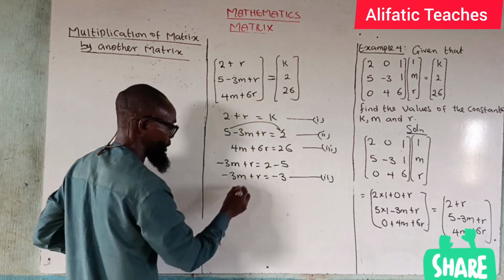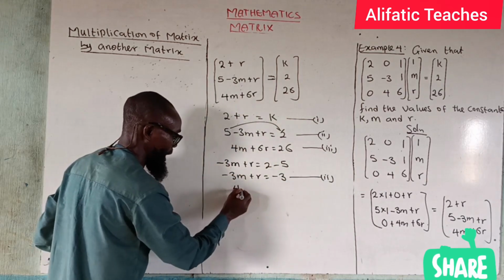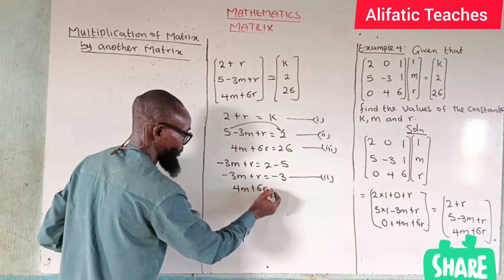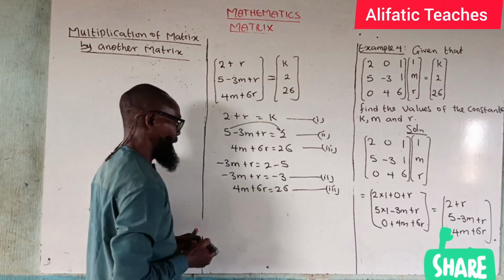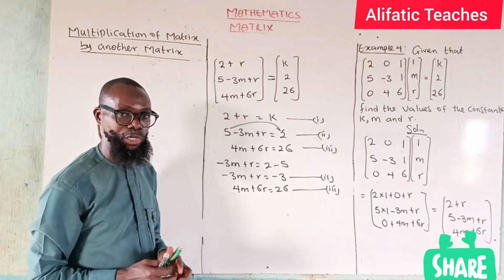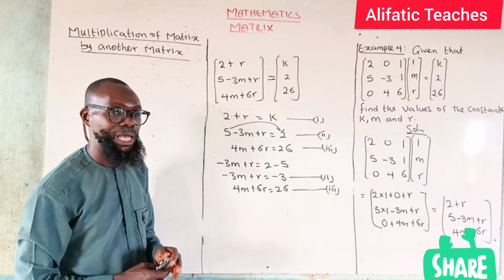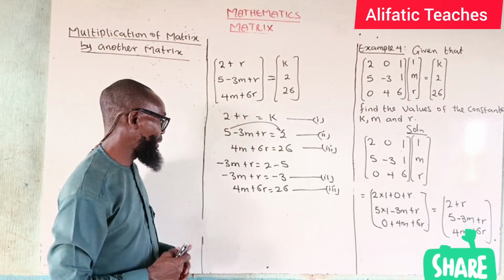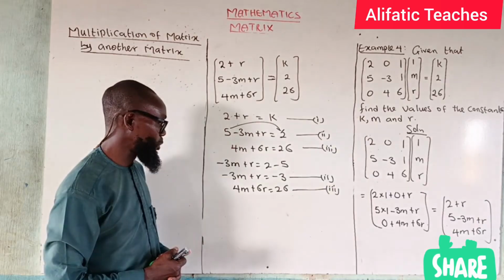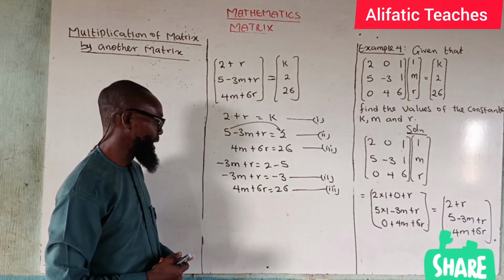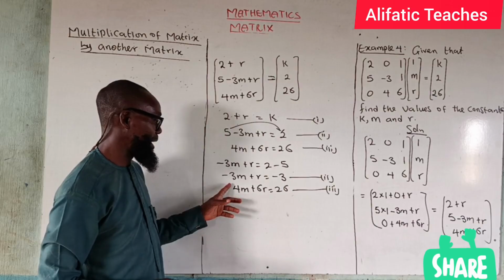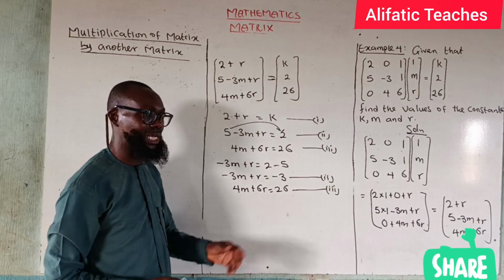Now let me take equation 3 under it. 4m plus 6r equals to 26, equation 3. Fine. In my simultaneous equation, let me use my elimination method. I want to eliminate, which one should I eliminate? Let me eliminate m, so that I can calculate r.